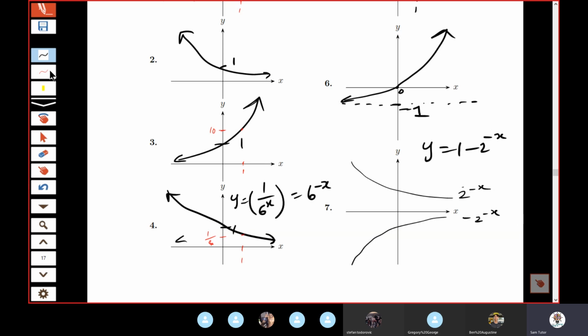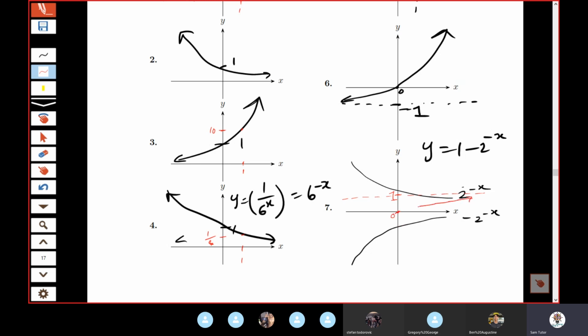Plus 1 is shifting this one up 1. So your asymptote's now going to be at 1 instead of 0. Instead of it cutting at negative 1, it's going to cut at 0.